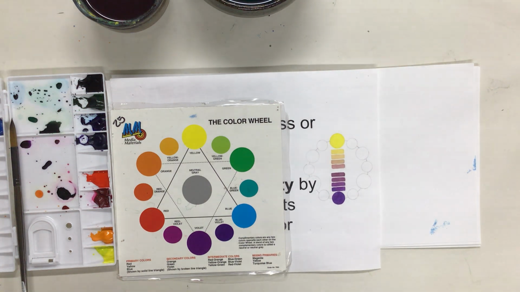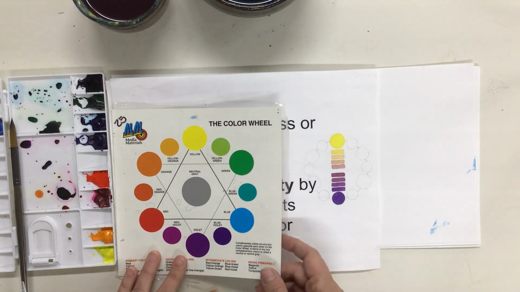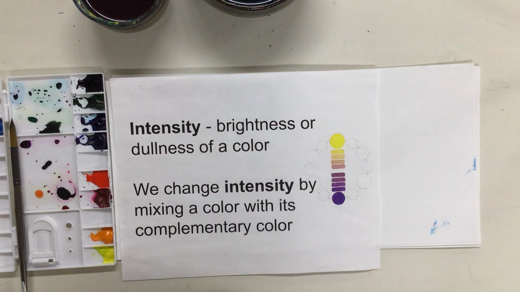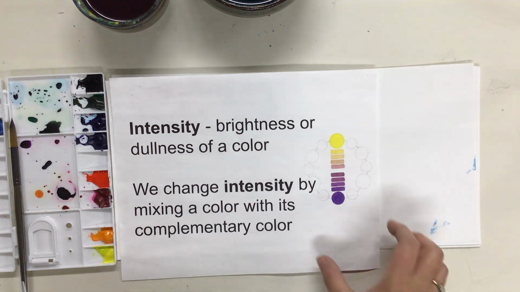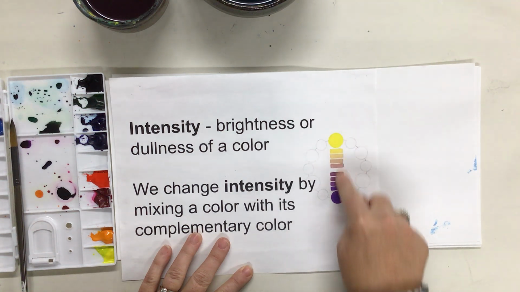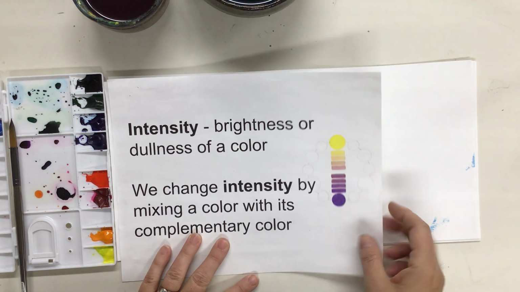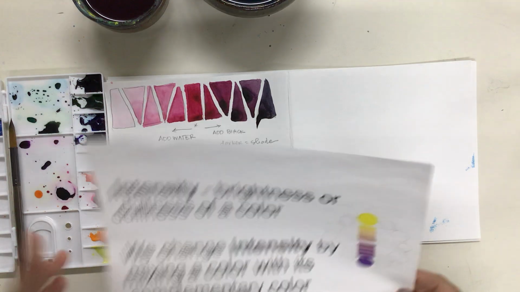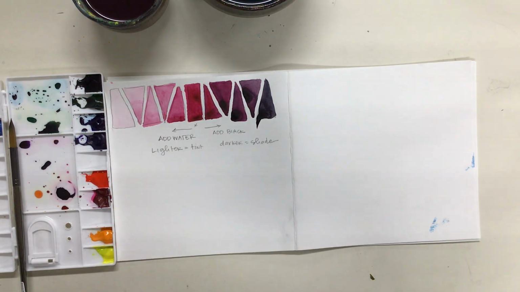So most of the time when we're making a painting, adding a color's complementary color becomes the best way to make that color darker, because black pigment does have a lot of blue in it, and so we end up with a lot of color shift. I am going to have you create a series of three intensity scales today so that you can see all of the neutralized colors that you can create.